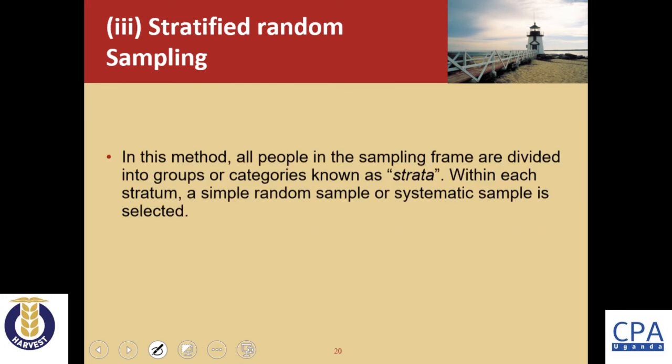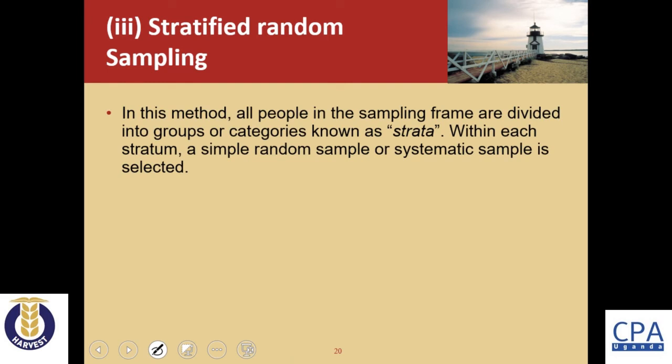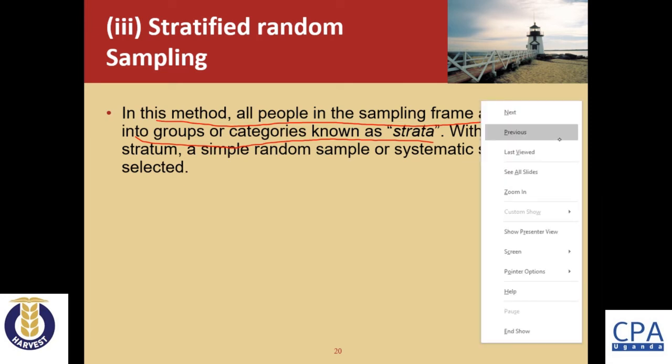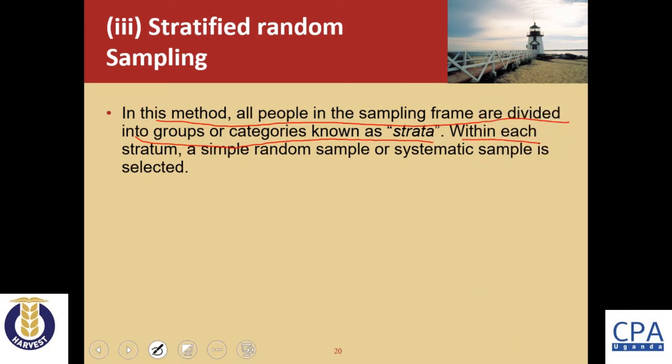Next, on slide number 20, we have the third method, which is stratified random sampling. In this method, all people in the sampling frame are divided into groups or categories that we refer to as strata. Within each stratum, a simple random sample or systematic random sample is drawn.